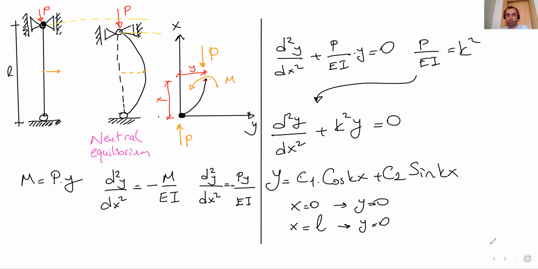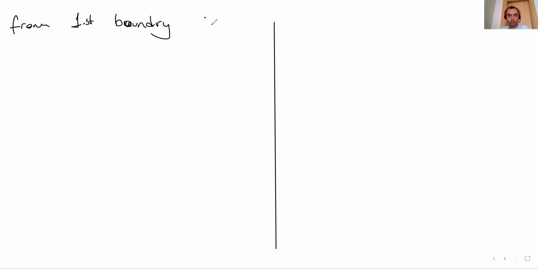If we use the first boundary condition, c1 equals 0. So y is c2 times sine kx.